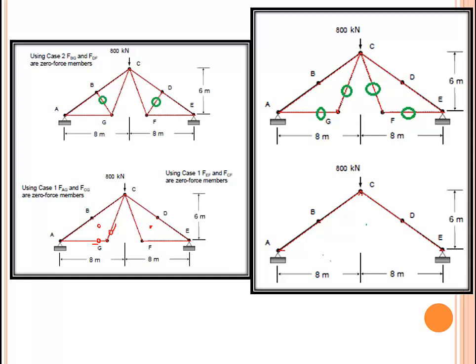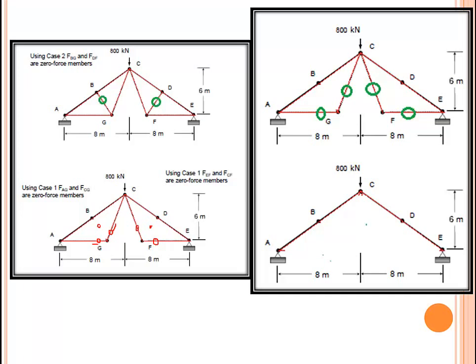Similar is the case at F. There are two members joined, but there is no external load, which means both of them should be 0.